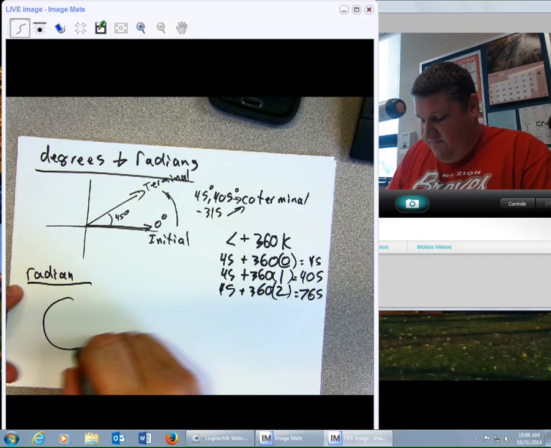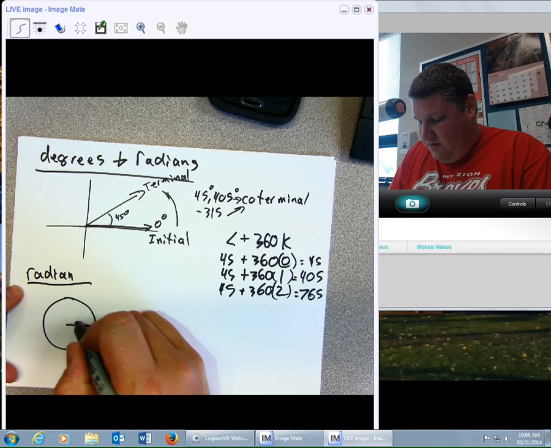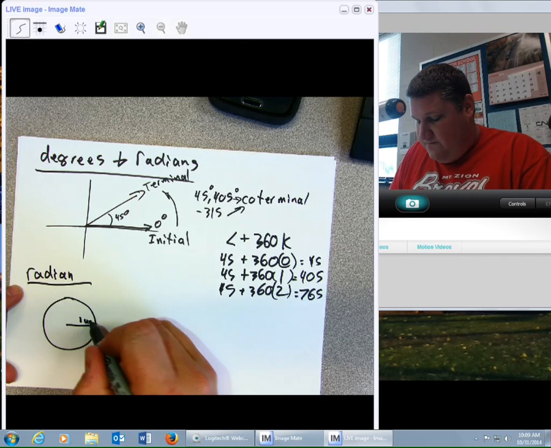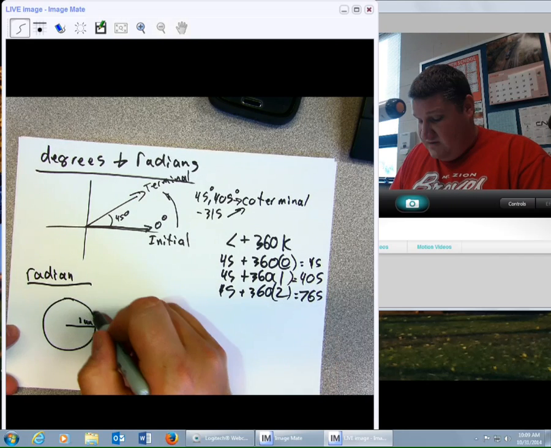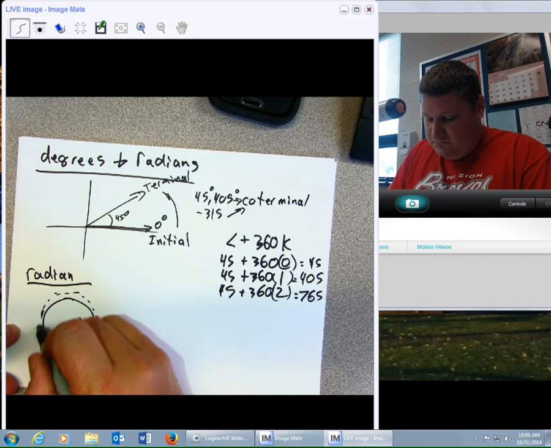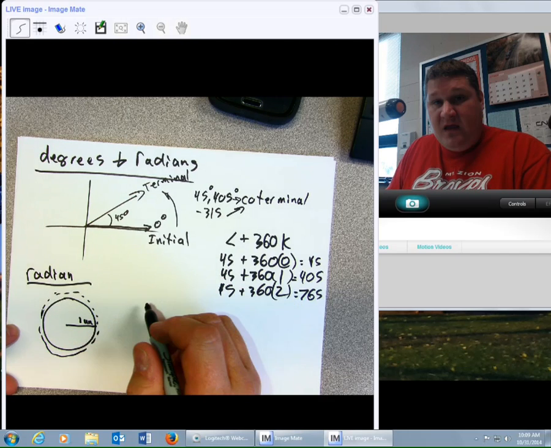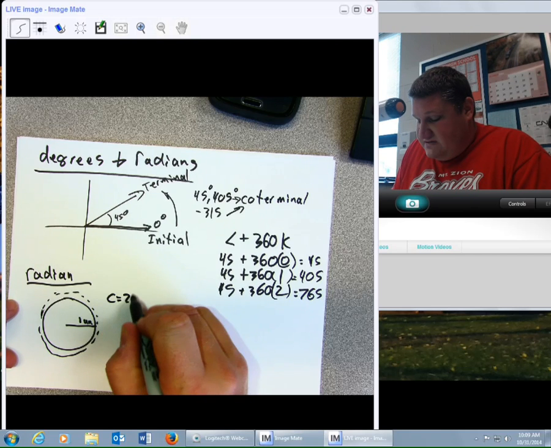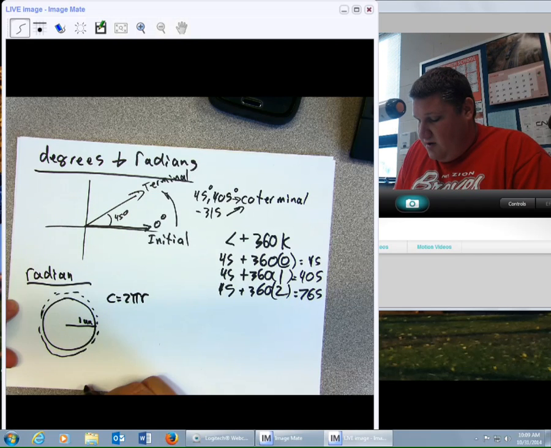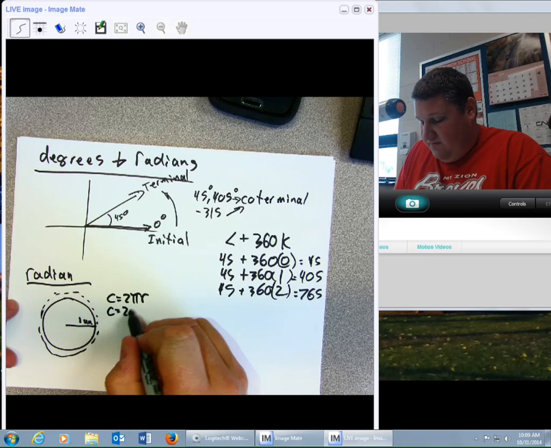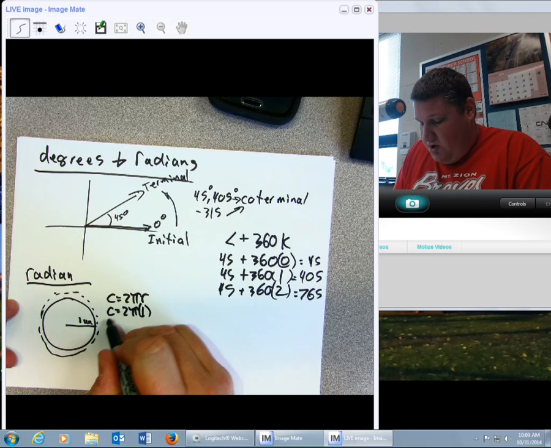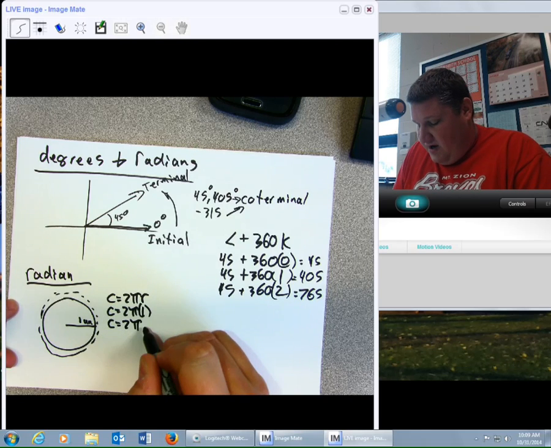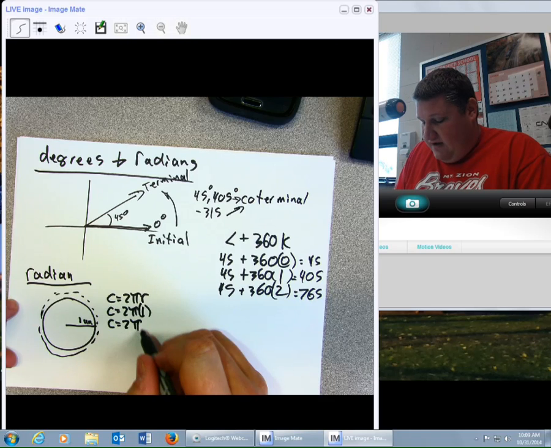If I have a circle, and that circle has a radius of 1 unit, the distance around that circle is its circumference. Well, we know from 4th grade math that circumference equals 2 pi r. Well, if our radius is 1, circumference equals 2 pi 1, also known as 2 pi. So that's it. It's going to be 2 pi units.